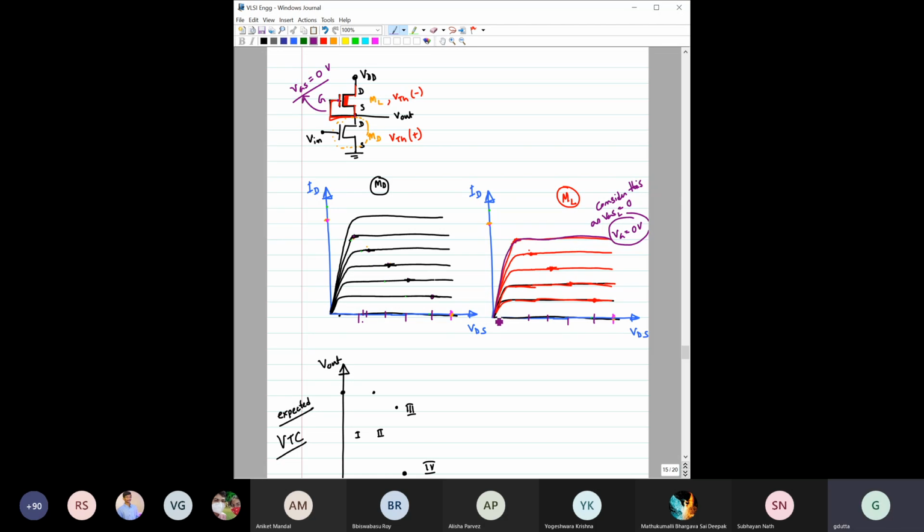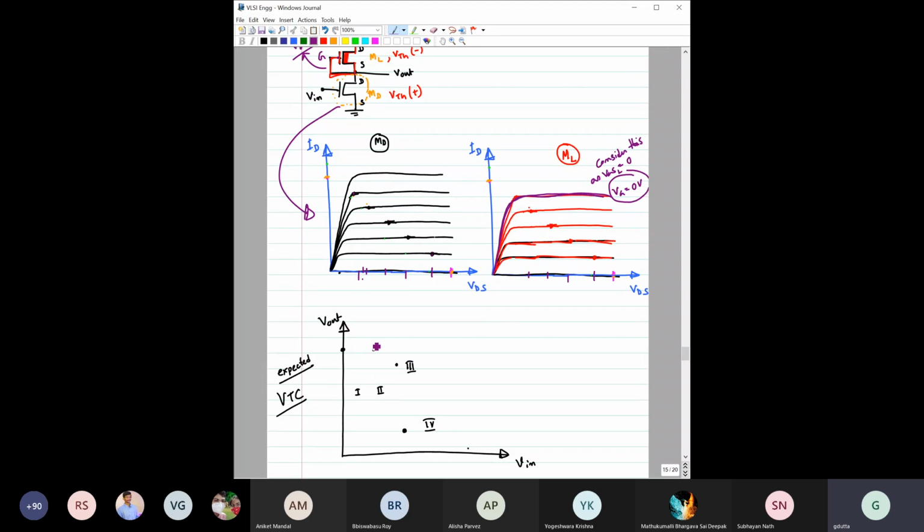Now we also have to plot these characteristics on top of these ID VDS characteristics in order to get the voltage output characteristics, or the voltage transfer characteristics, VTC. So how can we take these characteristics here and plot them here? Mirror it and shift it by VDD.